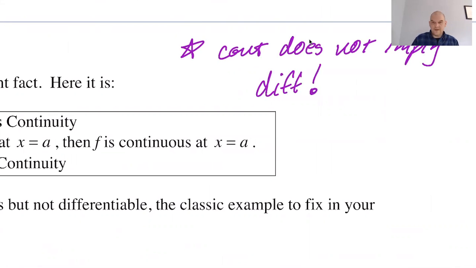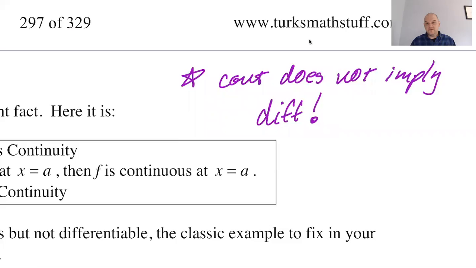You should always be thinking of the absolute value of x when this comes up. Differentiability implies continuity. Continuity tells you nothing about differentiability. Absolute value of x is the best example of that.